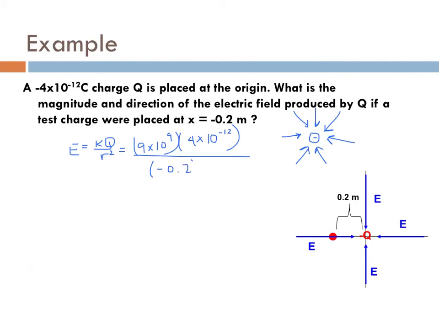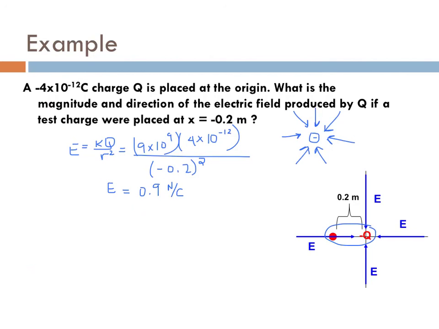And here, it doesn't really matter that it's a negative because it does get squared either way. So you get an electric field strength of 0.9 newton per coulomb. So this is our electric field strength at 0.2 away from our source charge.